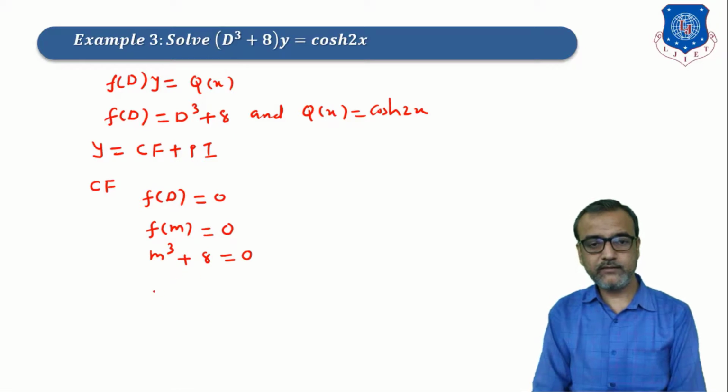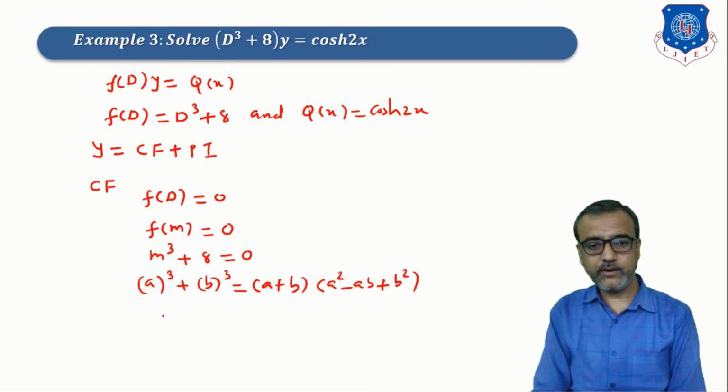Now to factorize this equation, we will use this formula, a cube plus b cube, that is equals to a plus b in one bracket, a square minus ab plus b square in second bracket.